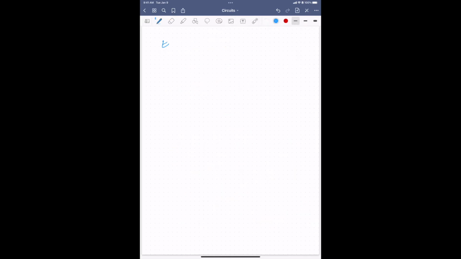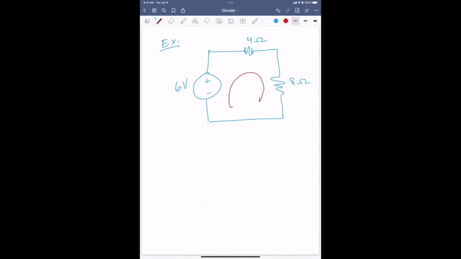Let's do a simple example. Suppose I have a 6-volt source, and two resistances. I'm going to make one of them 4 ohms and one 8 ohms. Now, we can solve this either using the principle of voltage division or by writing loop equations and using KVL.